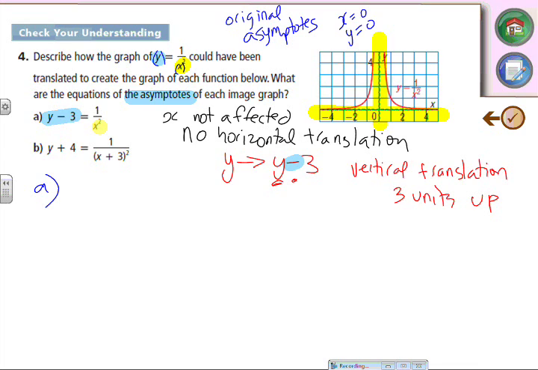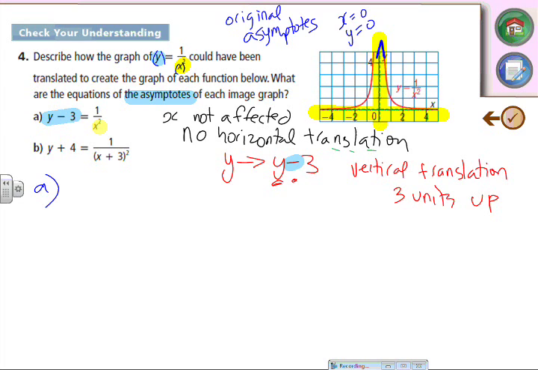So now you have to say, okay, if it's vertical, it doesn't affect the horizontal translation. It will not affect anything that's really on that horizontal, but we're going to be moving everything up 3 units. So if I use this vertical asymptote, and if I move that asymptote up 3, it's still going to be at the same spot.